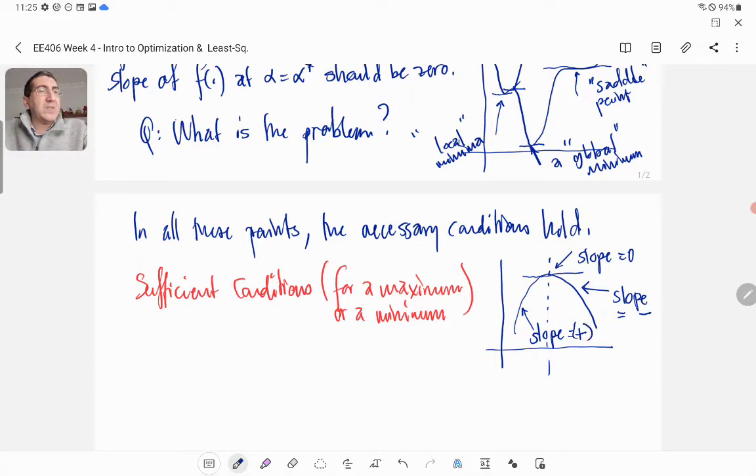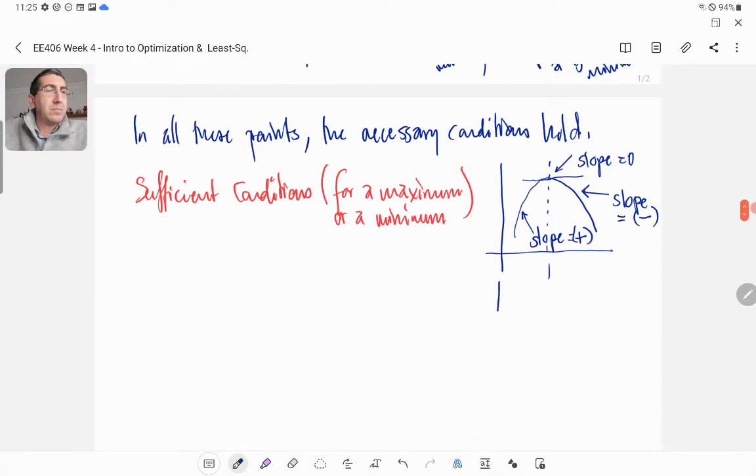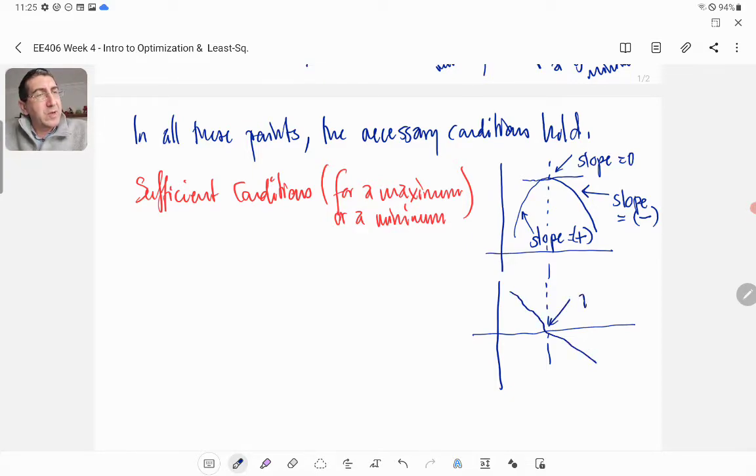So what's happening is that the slope, the derivative, has to be going from positive to negative. It can be a line, it may be something else, but essentially it's crossing 0 here, positive initially and negative later. So this is the df over d alpha plot.